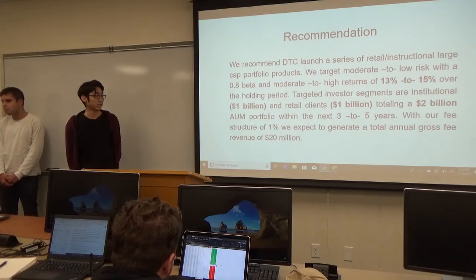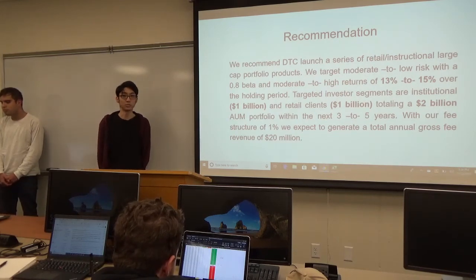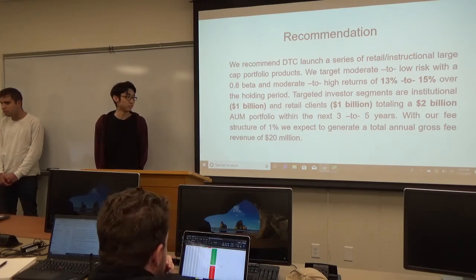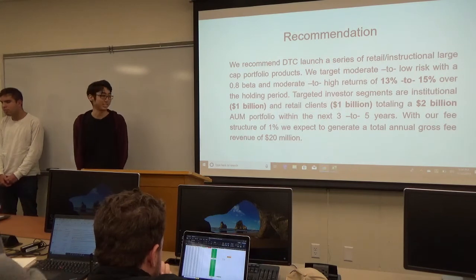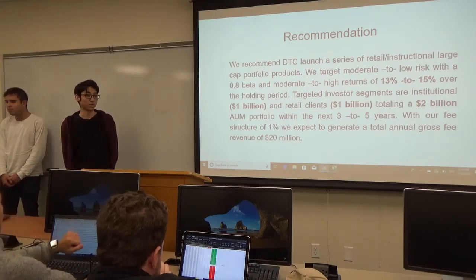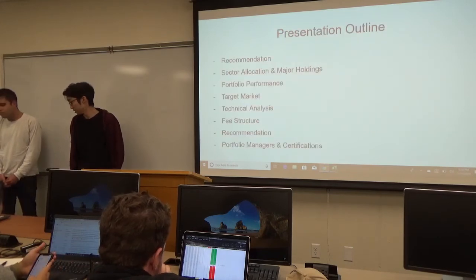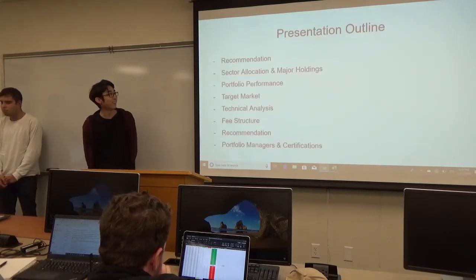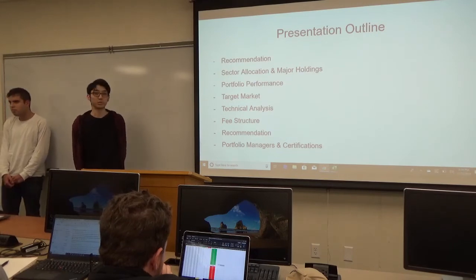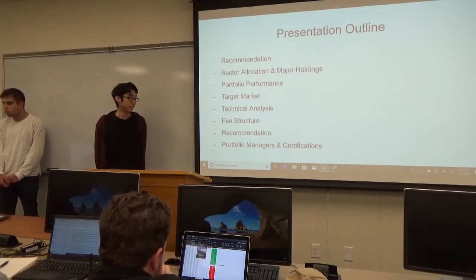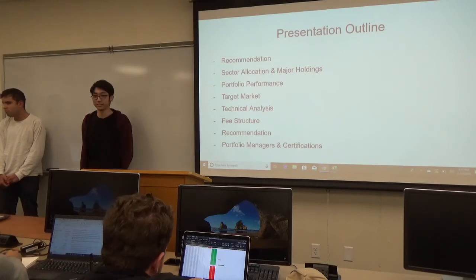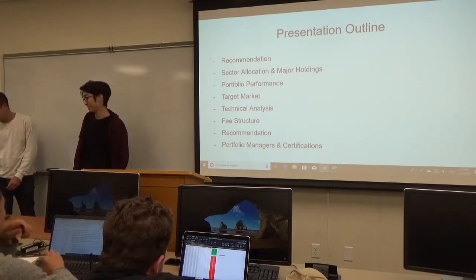We are targeting institutional and retail clients, hoping to raise a 50-50 split between the two, totaling $2 billion, with a fee structure of 1% to generate annual gross fees of $20 million. That's our outline: foundation, sector holdings, portfolio performance, target market, technical analysis, fee structure, recommendation, and the credit to the team.